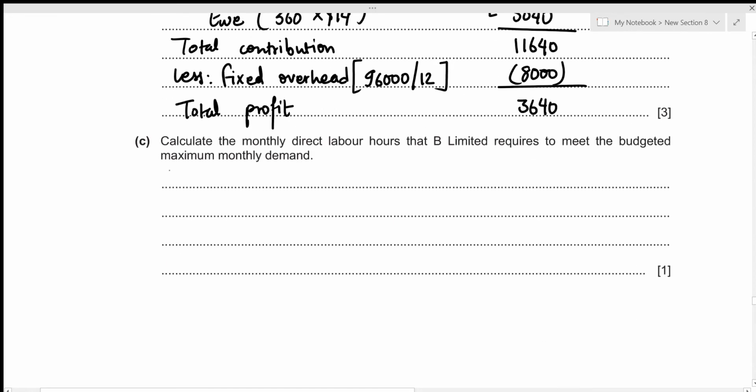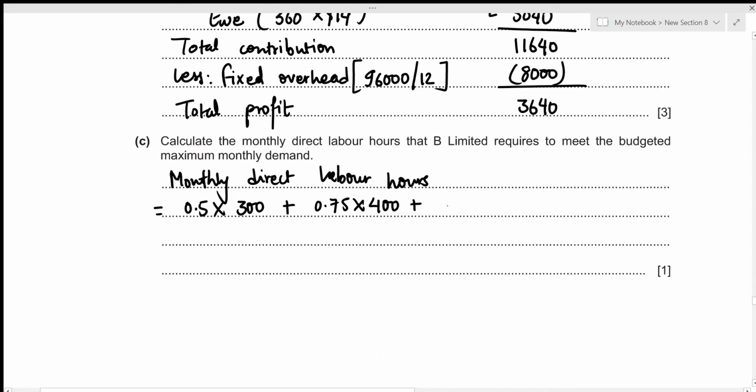So the monthly direct labor hour is just going to be 0.5 into 300 for product S, 0.75 into 400 for product T, and 1.75 into 360 for product E. So 0.5 into 300 is just going to be 150, 400 into 0.75 is just going to be 300, and then 1.75 into 360 is going to be 630.